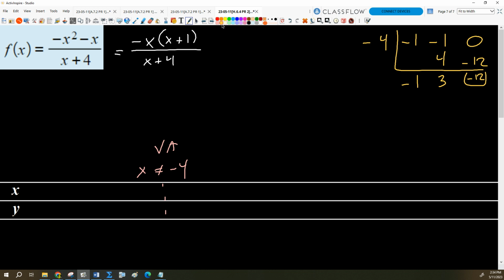Everybody see that? So if I write this out as a quotient, let's do it down here so we don't confuse it with that. So then what does the bottom tell us? -x plus.